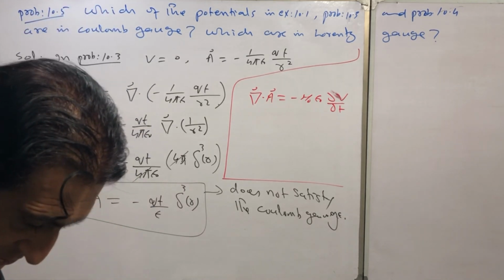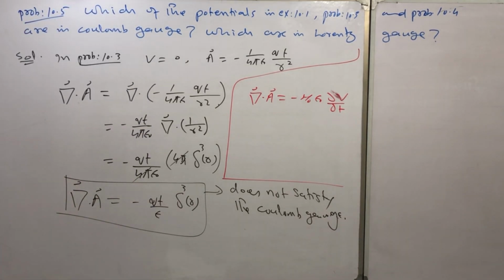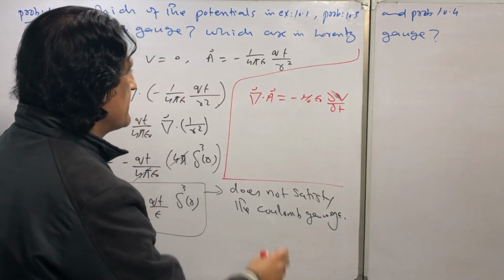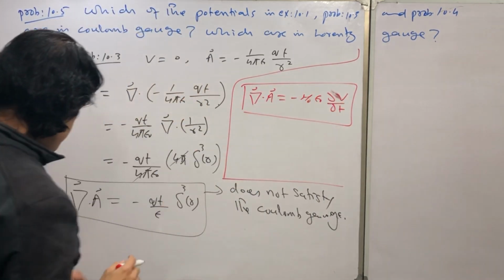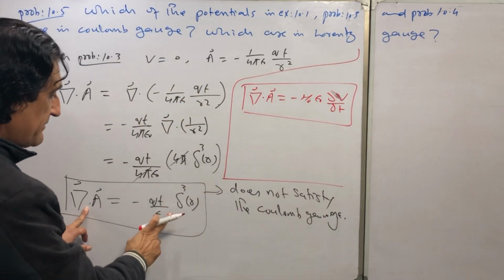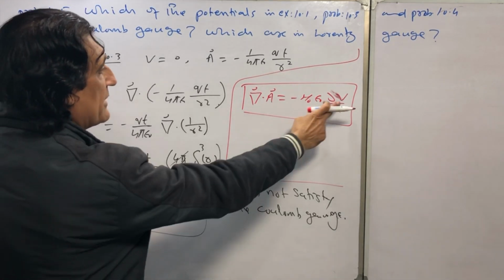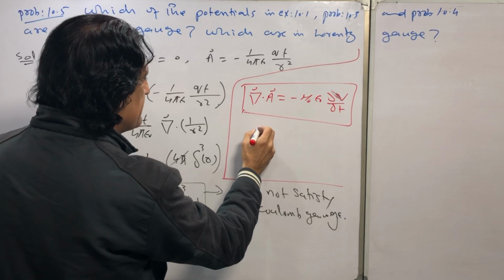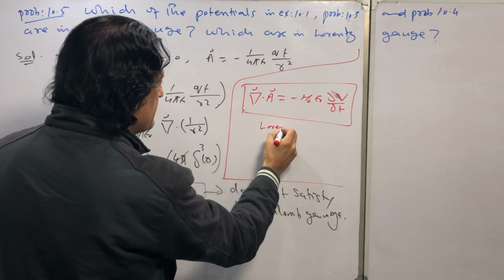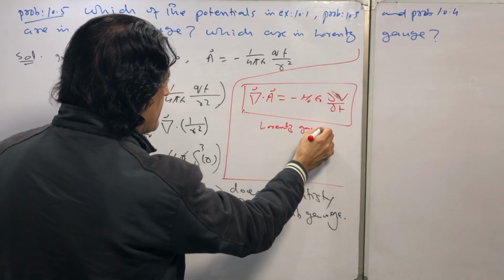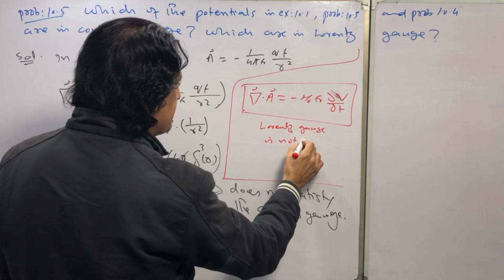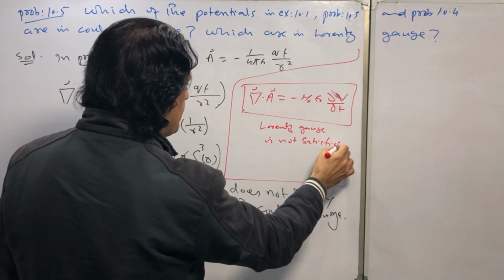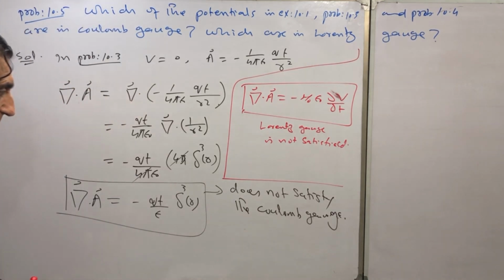So already we have found the divergence of A is equal to this, and the potential is equal to 0. So this is not satisfied. The Lorentz gauge is not satisfied. So it means that both the gauges are not satisfied.